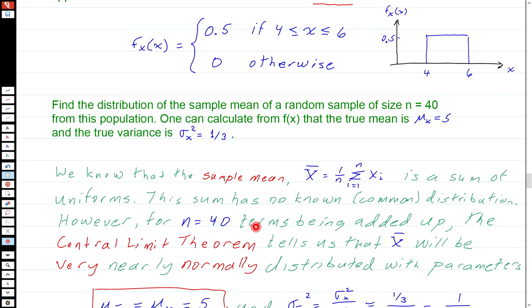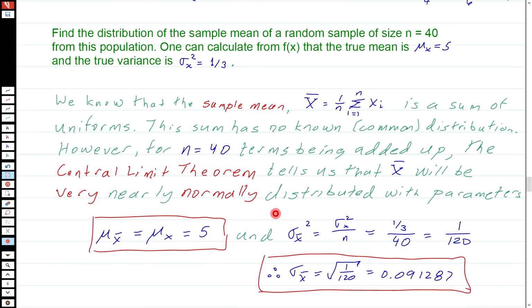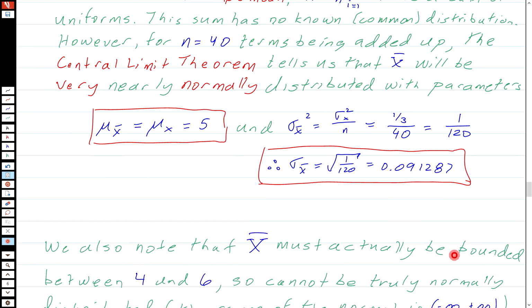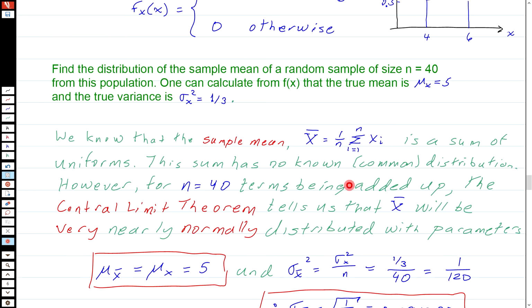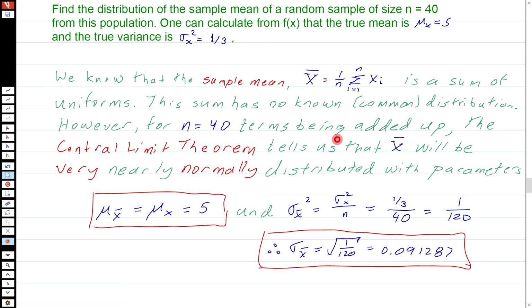However, for 40 terms being added up, the central limit theorem tells us that x bar will be very nearly normally distributed, and its parameters will be: the mean of x bar is the mean of x, which is 5, and the variance is the variance divided by n, which is 1/3 divided by 40, which is 1 over 120, and so the standard deviation is the square root of 1 over 120, which is 0.091287.